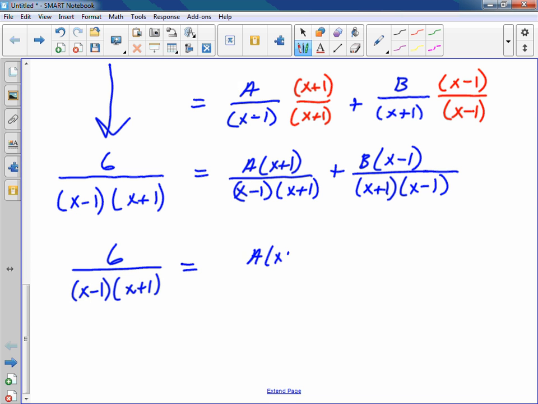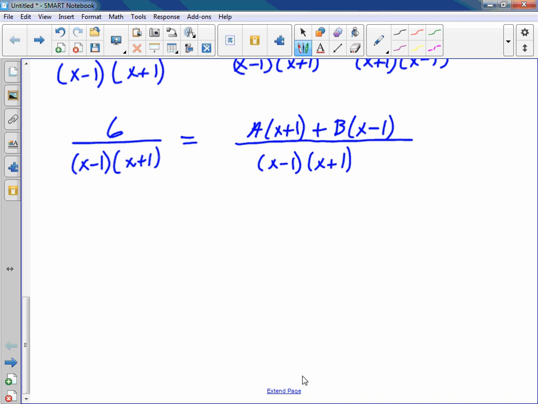A times x plus 1 plus b times x minus 1 over, and they all have the same denominator. So that must mean, since this denominator and this denominator are the same, that has to mean that 6 is equal to some constant a over x plus 1 plus some constant b over x minus 1.